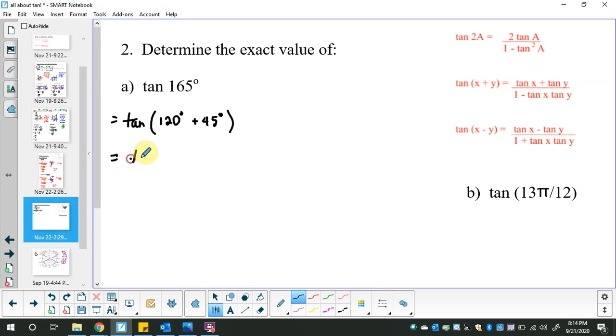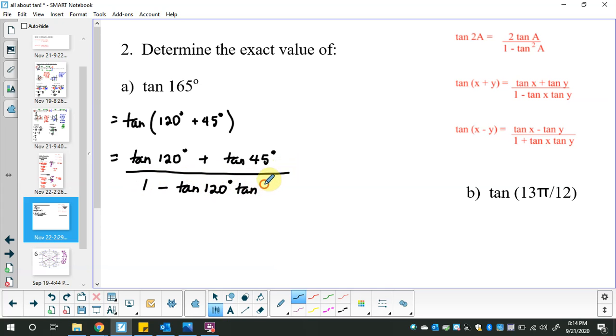So tan of 120 degrees plus tan of 45 degrees, first, second, over 1 minus tan of 120 degrees, tan of 45 degrees.